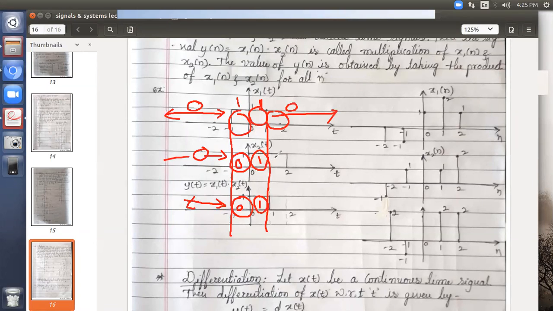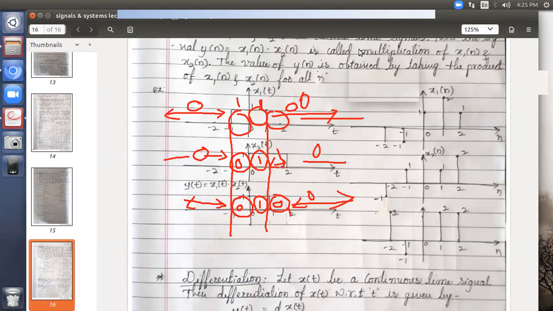However, the second signal has amplitude 1. Earlier we had taken 0 plus 1 and 0 minus 1. Here you should take 0 into 1. So again, between 0 to 2, if you multiply 0 by any value, you will get 0. And furthermore, all 0 into 0. So the signal ends here itself. There is no value here, 0.